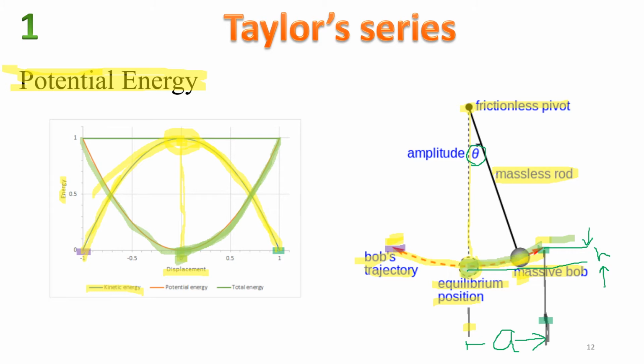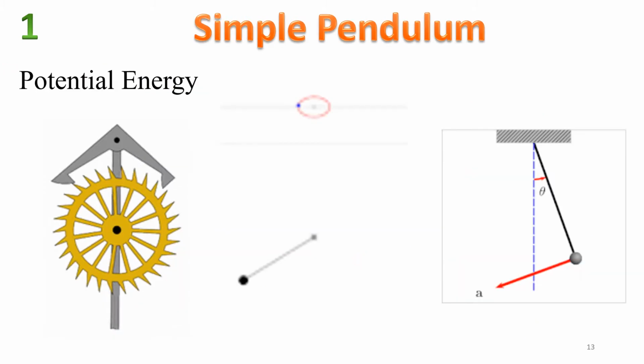And if you add potential energy and kinetic energy, you obtain a straight line that indicates that the total energy of the system remains constant during oscillations.